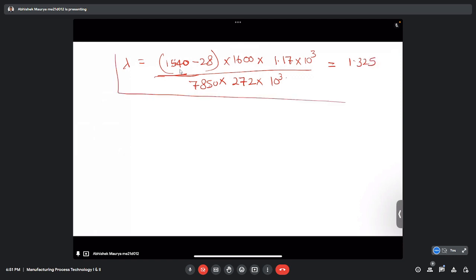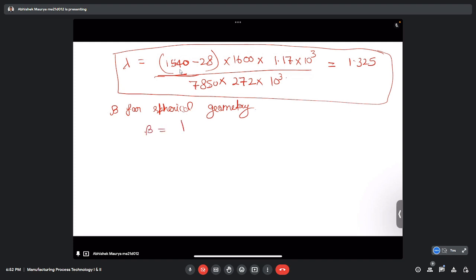This lambda value is not affected by changing the geometry. But what is beta for the spherical geometry? Lambda times beta is equal to lambda times 2 by root pi plus 1, times 1 by 3 times beta.